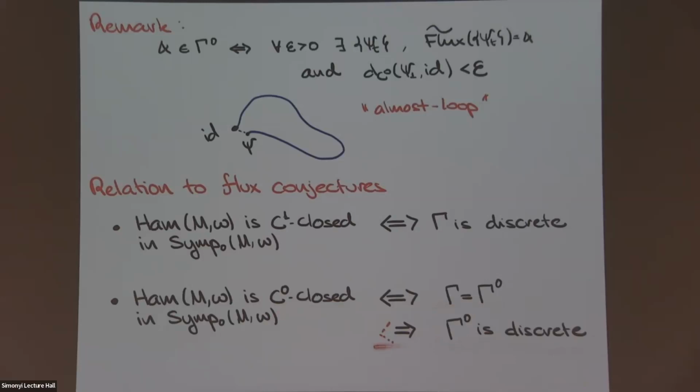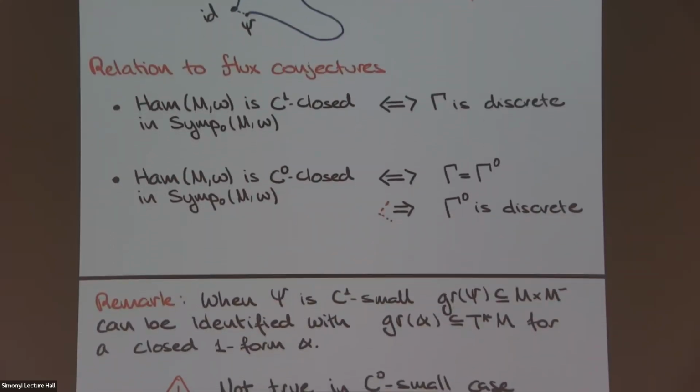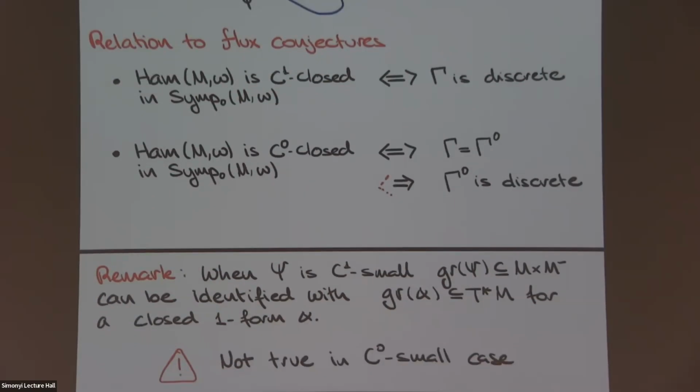However, we don't necessarily get the equivalence that we do in the C1 case. Maybe someone can find a way to get this equivalence, but so far we don't know how to. And the reason is that in the C1 case, we have this correspondence: for C1 small symplectic diffeomorphisms, as I alluded to in the beginning, their graph in a Weinstein neighborhood will correspond to a closed one-form.